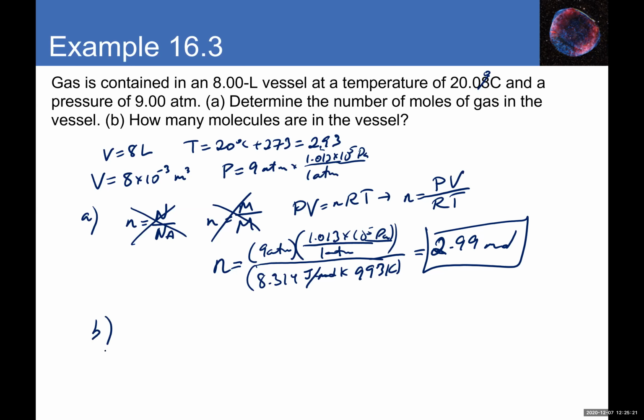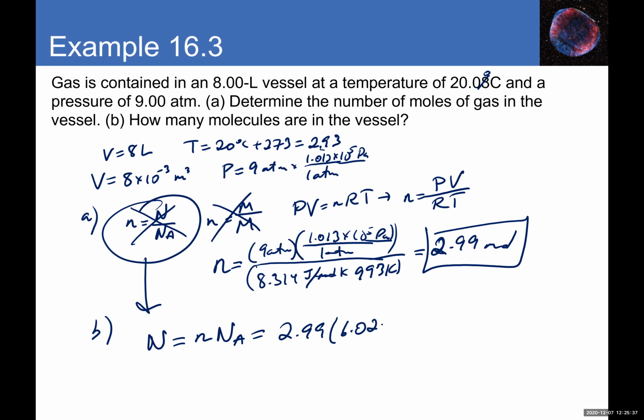Part B then says how many molecules are in the vessel. Well, molecules, then I can use this equation here, where N, the number of molecules, equals moles times Avogadro number. So I have 2.99 multiplied by the Avogadro number, which is 6.02 times 10 to the 23 molecules per mole.